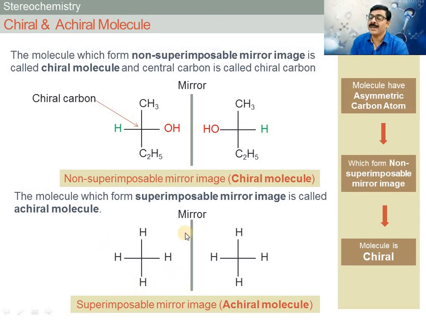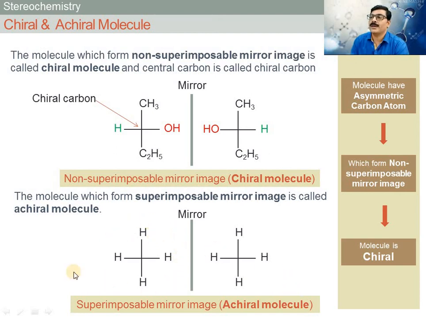Its mirror image is identical, because if you overlap these two images, the same sides of atoms will be obtained. Means it forms an identical mirror image, called a superimposable mirror image. And those molecules which form a superimposable mirror image are achiral. Means the methane molecule is achiral.